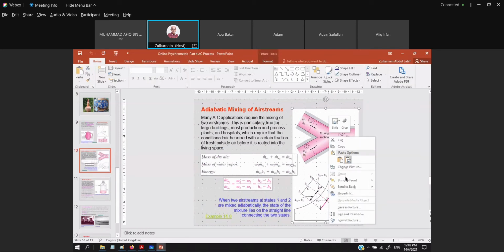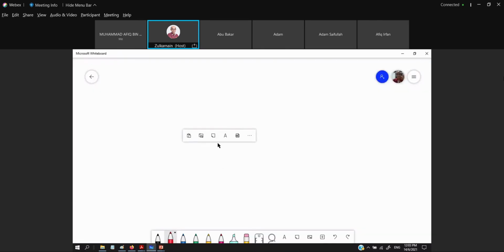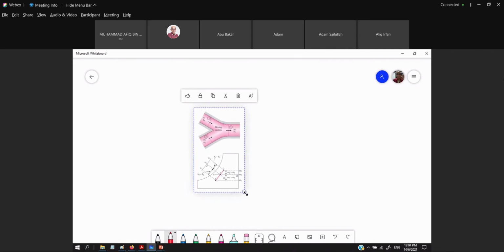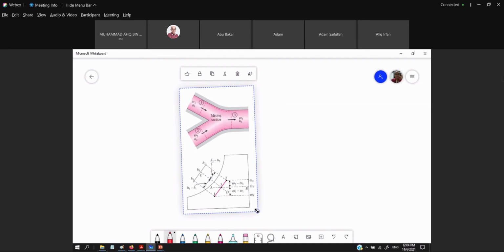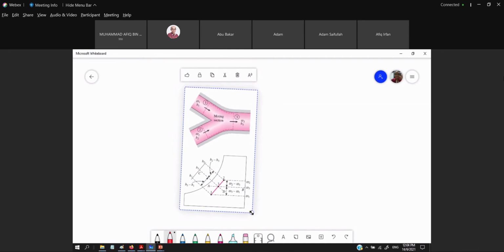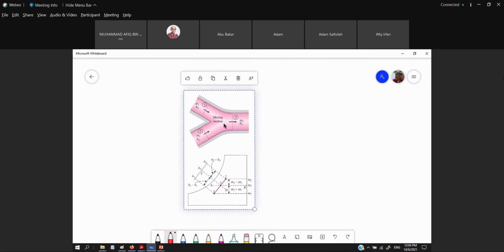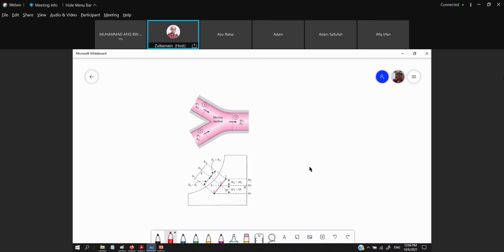Copy this. Right? So what I can do right here is to combine this process. I will add up another section right here to make this an exam question.